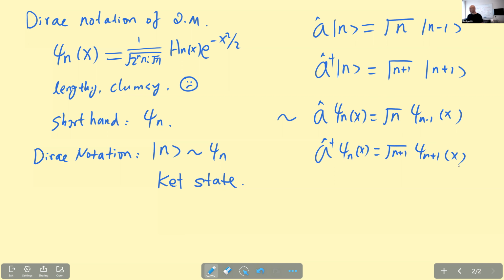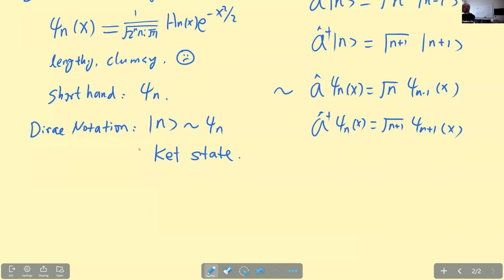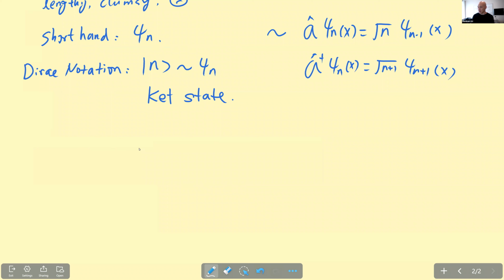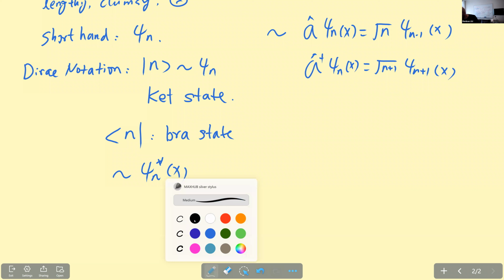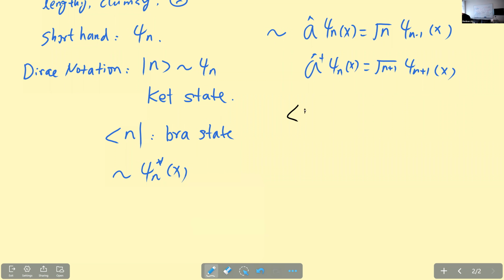Right, so you can have this kind of ket states, and also you can have this operation on them. So you can also have actually the so-called bra state. If you put these two together, it's a bracket. Okay, so what does this mean?